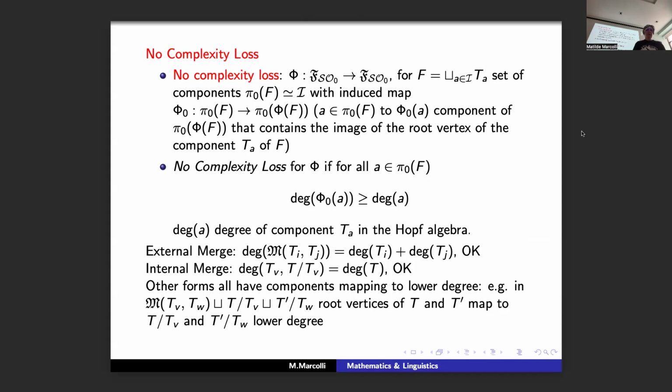And so now you can say, how do I want to say that I'm going towards structure with higher complexity? So if I look at my components, let's say I identify my components with where the root vertex is. And then I look in the new workspace where all the root vertices of the previous workspace have ended up, in which components they've ended up.